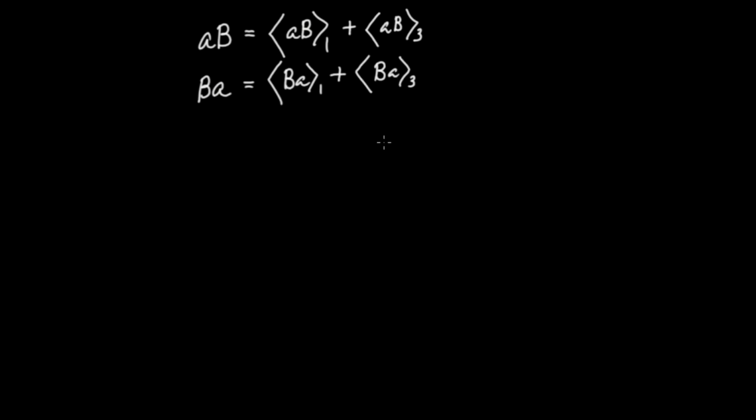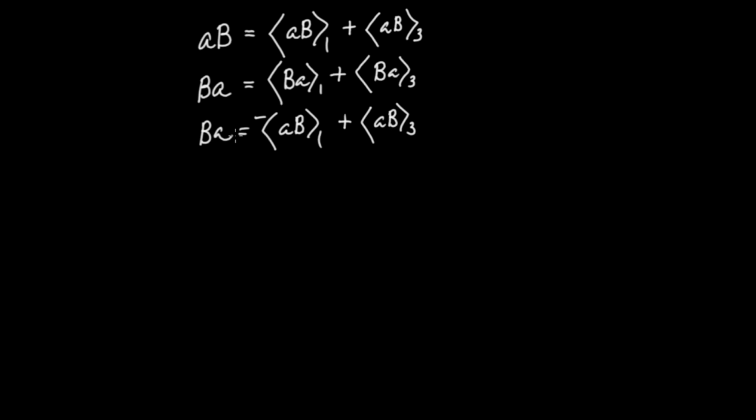But what we notice is that this vector part has a special relation to this vector part, and the same for this trivector with this trivector part. That is, this vector part just so happened to be equal to the opposite of this one. And this trivector part happened to be identical to that trivector part of AB. So I can rewrite the statement as BA is equal to minus the grade 1 part of AB plus the grade 3 part of AB.